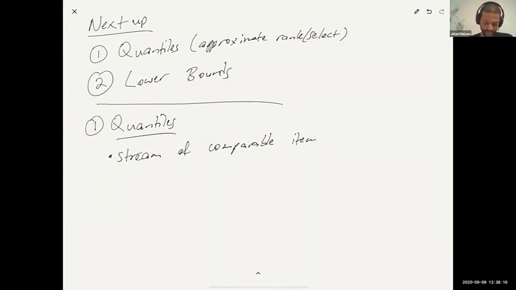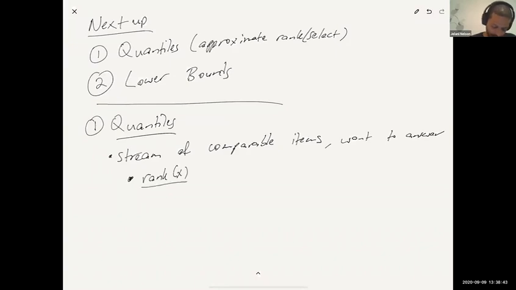So we're going to talk about quantiles first. We have a stream of comparable items. You can think that they're integers from some universe 1 to u, or you can think they're strings or whatever other comparables. And we want to answer the following kinds of queries. Let's say rank of x.